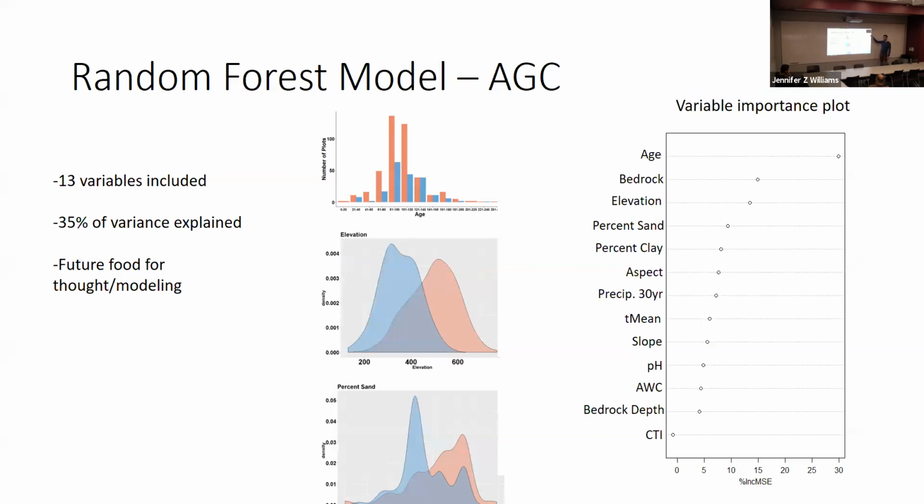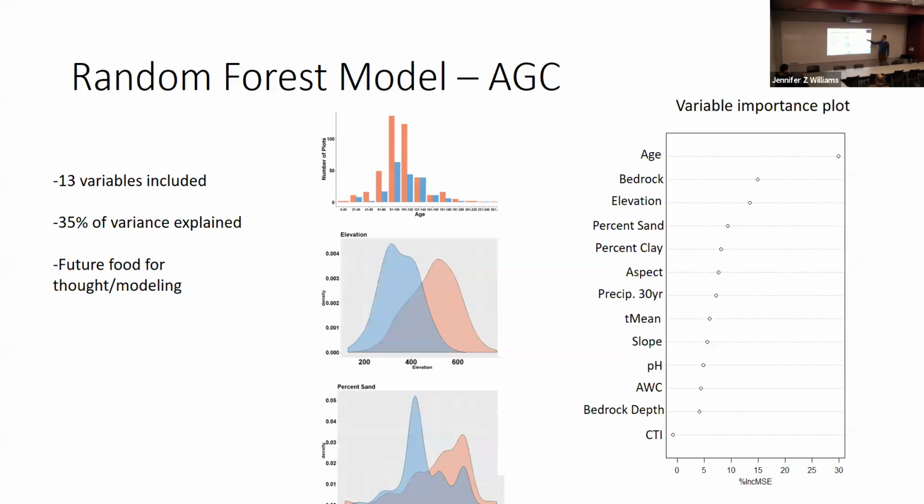Unsurprisingly, age is the most important predictor for above ground biomass, which you would expect because as forests get older, they grow more to a certain extent. But surprisingly, bedrock is the second most important variable in predicting above ground biomass.